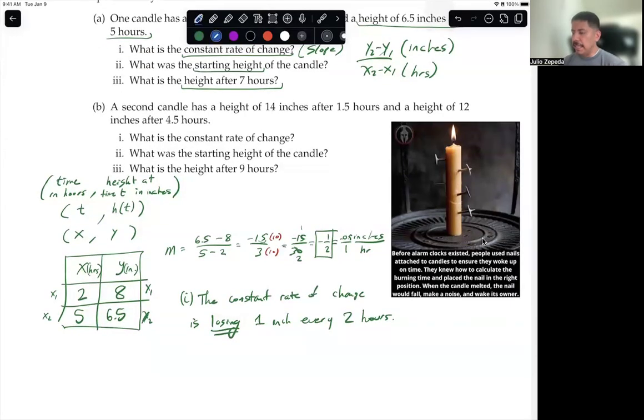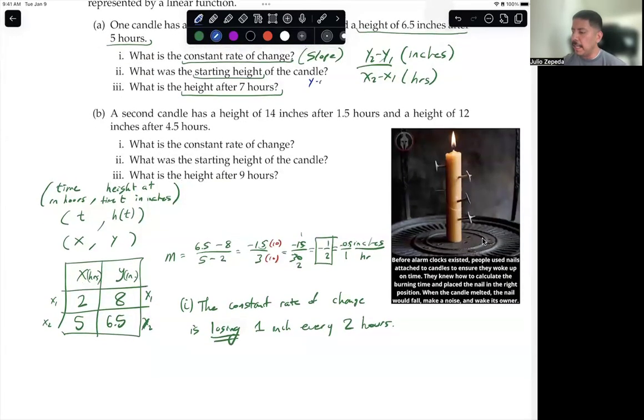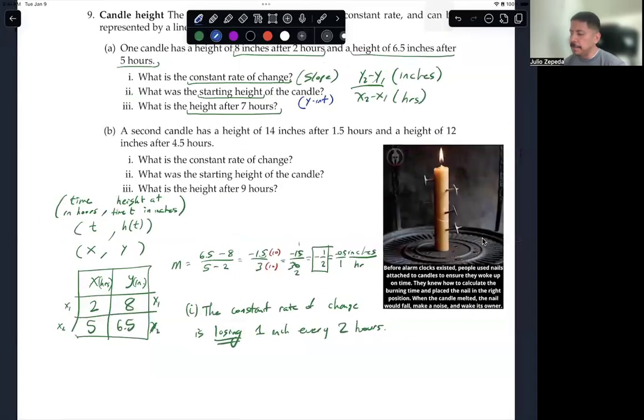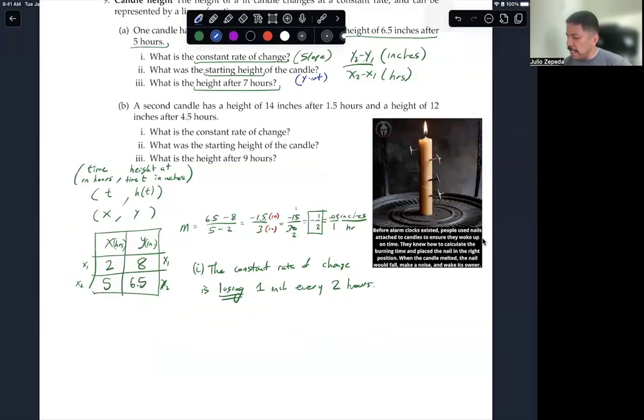What is the starting height of the candle? The starting height is essentially the y-intercept. If we now know that m is equal to negative 1/2, and one of the points is (2, 8), we can use either point to find the slope-intercept form, y equals mx plus b. B will be that starting height.